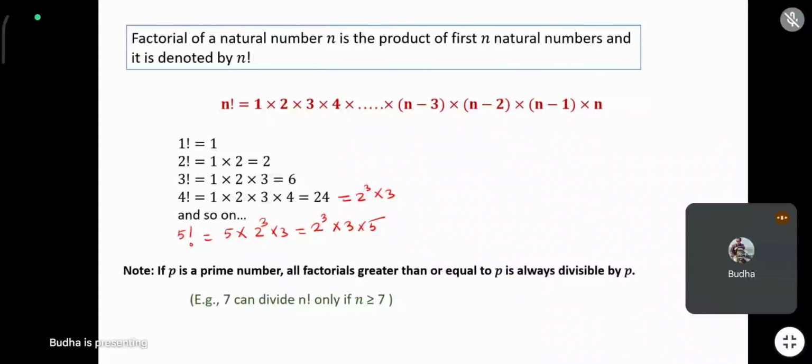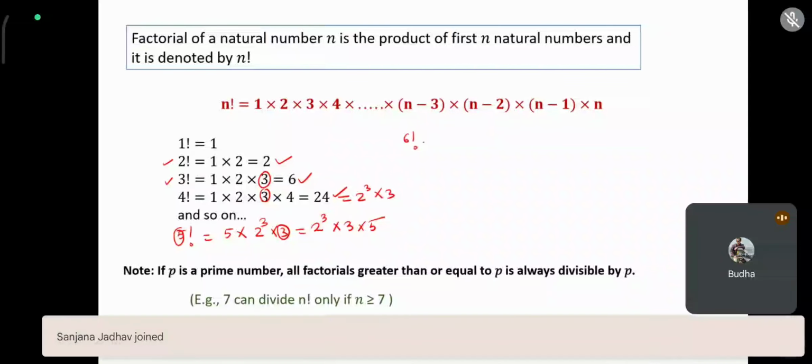Now look at this. From 2 factorial onwards, all the factorials henceforth will consist of 2. From 3 factorial onwards, every factorial will consist of 3. Okay? From 5 factorial onwards, every factorial will definitely have 5.